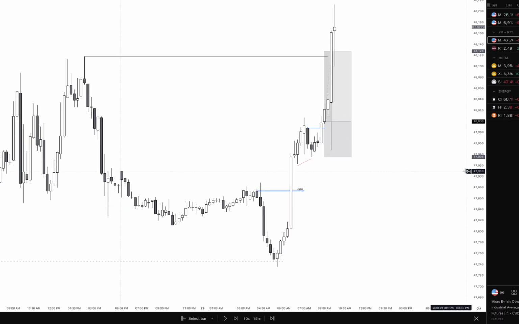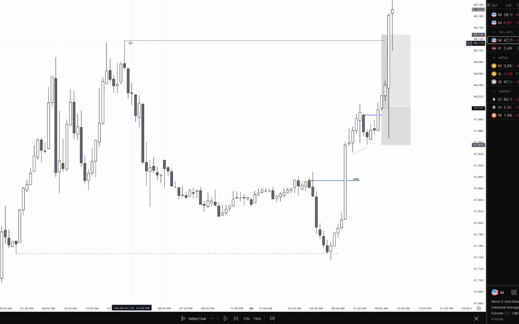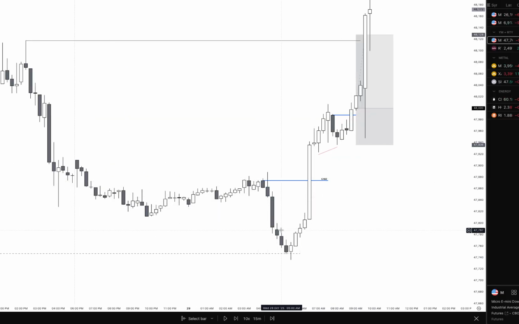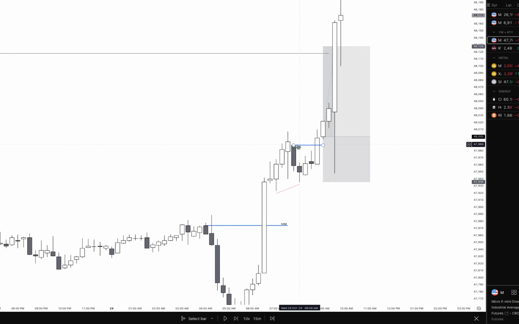So here, this is the 15-minute entry time frame. Fair value gap, 4-hour fair value gap. A series of down close candles. CSD, changing the state of delivery. Here we have the order block.